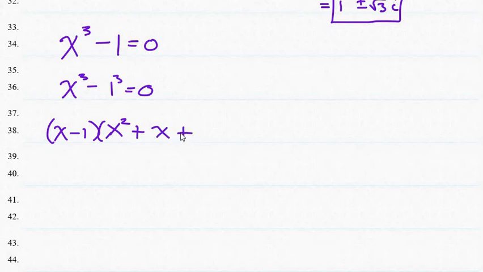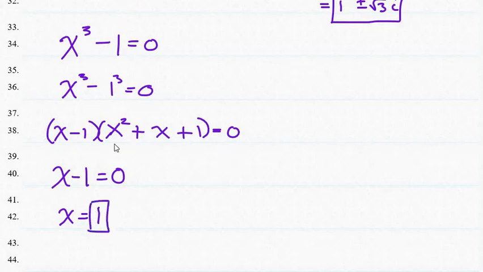This is always a plus here, and then you square that number, which is 1. We set the first factor equal to 0 and get x is equal to 1 as one of the solutions. Now we come over and look at this other factor.